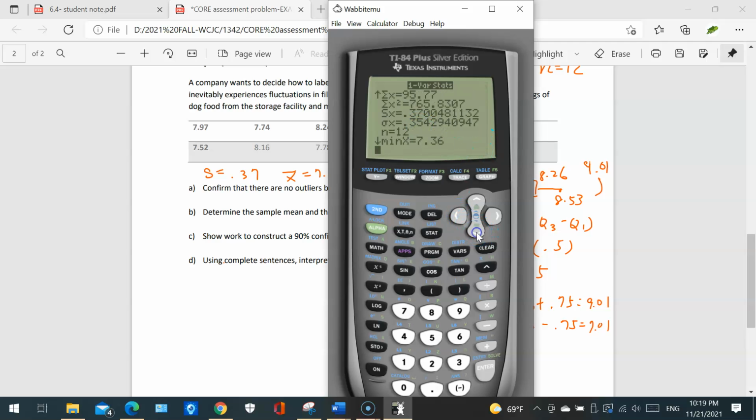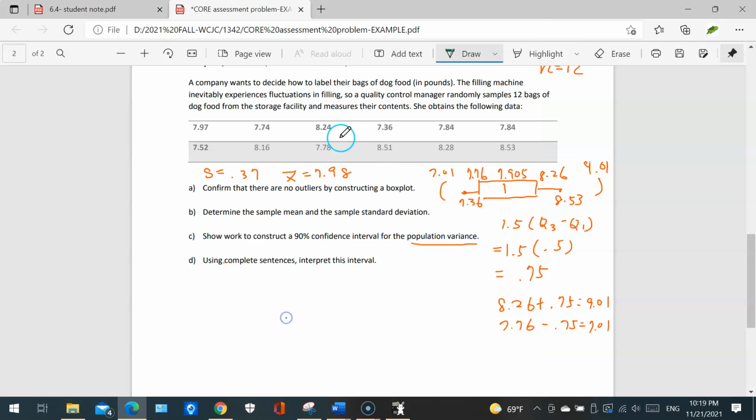If you continue to scroll down, you'll find the minimum, the Q1, the median which is Q2, and Q3 is 8.26, and the maximum is 8.53. So now we interpret this information in the box plot. So I have the Q1, Q2, and the Q3. The minimum is 7.36. The maximum is 8.53.